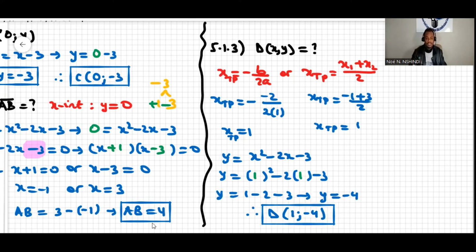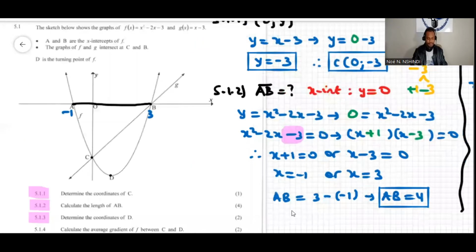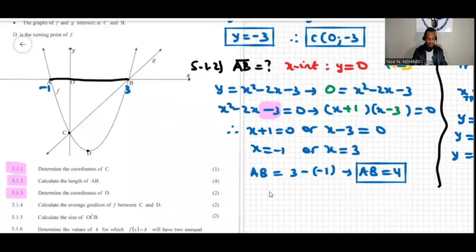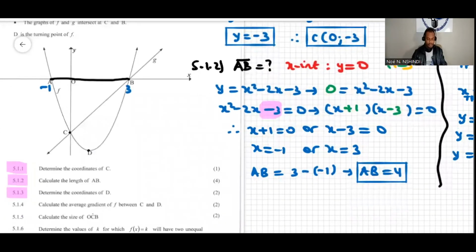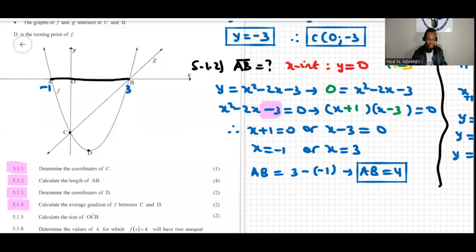The next question is question 5.1.4. It says calculate the average gradient of f between C and D. This is not a straight line; f is a curve.